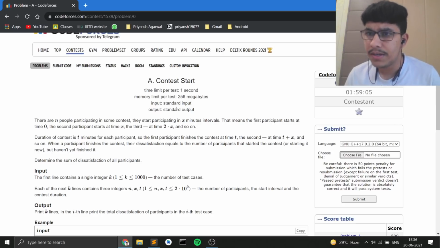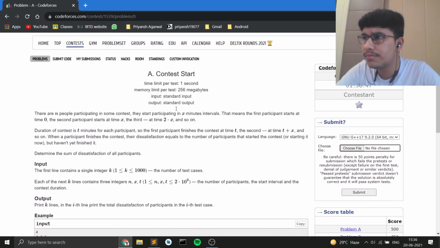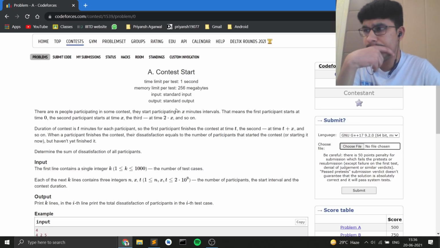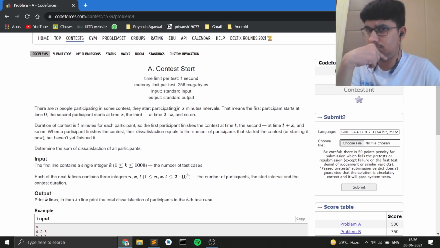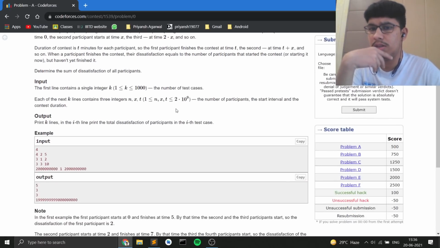When a participant finishes the contest, their dissatisfaction value equals the number of participants that started the contest but haven't finished yet. I don't understand what they mean by this.